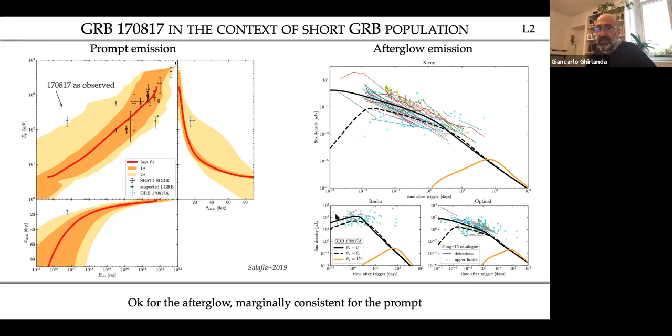But overall, it can be made consistent with the other bursts under the condition, which seems to be met by the observations, of having such a jet structure with viewing angle and beaming angle effects.